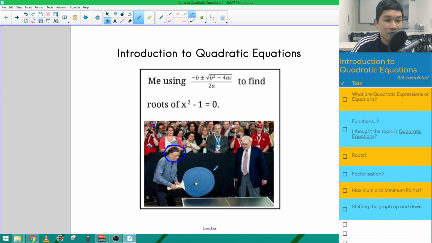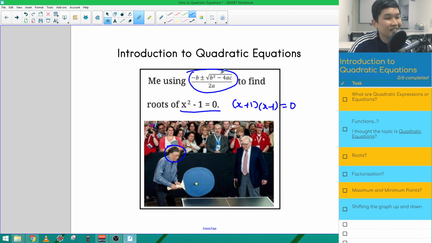It's just way too big for a ball that small. That is the same case when you're using the quadratic formula. I know students love the quadratic formula because you just have to punch numbers into the calculator and you get the answer. But that is overkill, my friends. To solve x squared minus 1 equals 0, all you need to know is the difference of squares formula. Oops, sorry, that's x squared minus 1. And you will know the roots are x equals plus or minus 1 without pressing anything, in an instant like that.